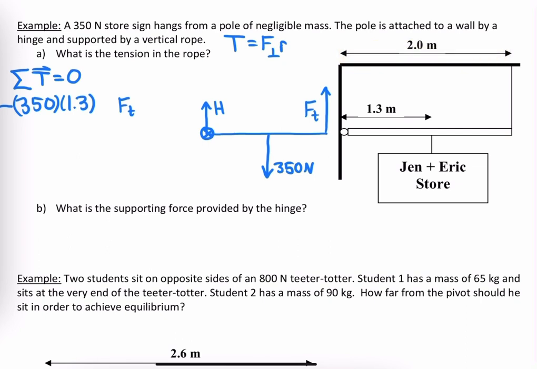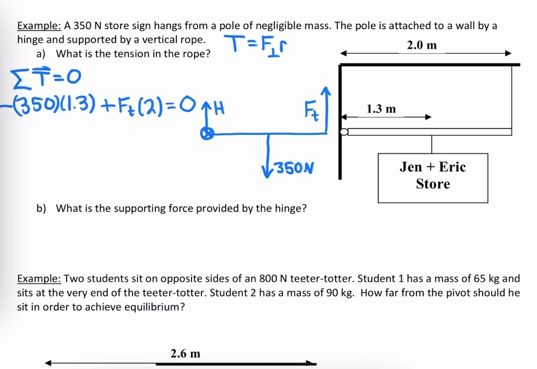So I'm going to have Ft times 2. And that is trying to rotate my pole in a counterclockwise direction. So that is going to be a positive torque. And because it's in equilibrium, the sum of those torques is equal to 0.